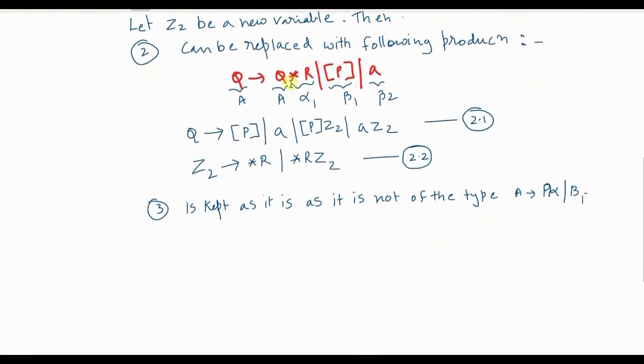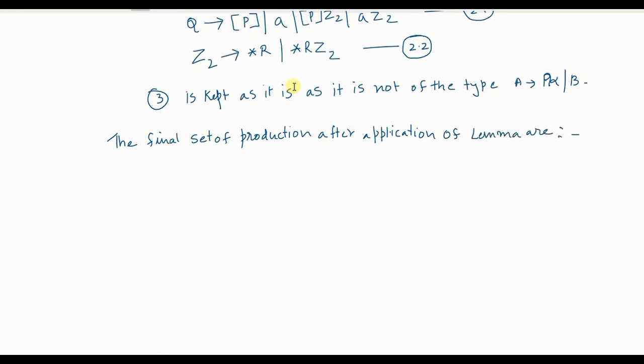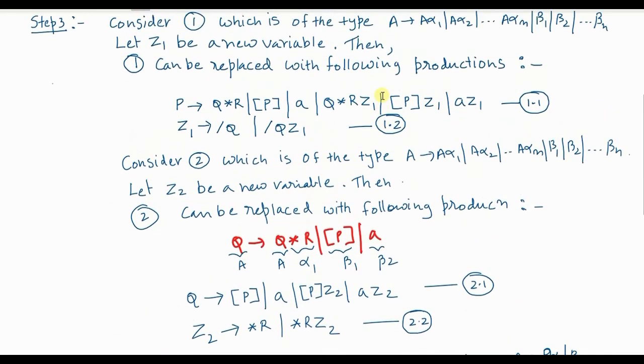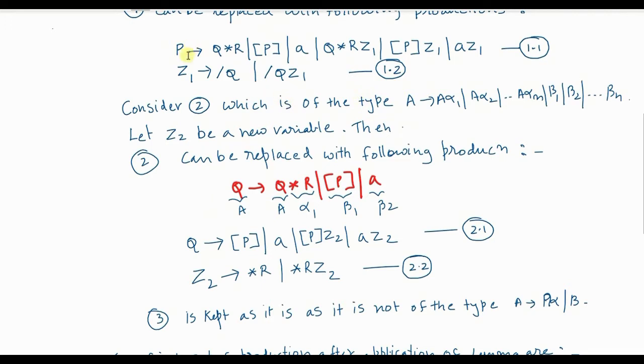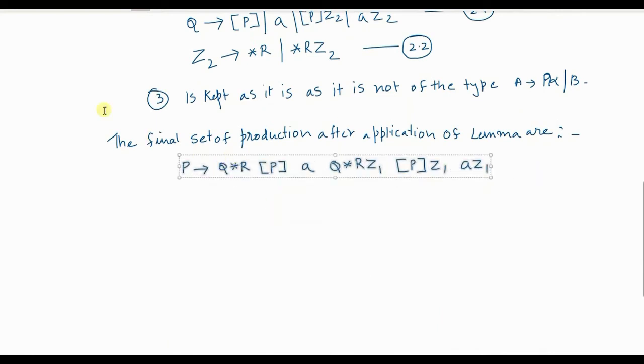So I say that the final set of productions after application of the lemma are these, and for my convenience I will freshly name them A, B, C, D. First I will write this full production, the first production, as it is.